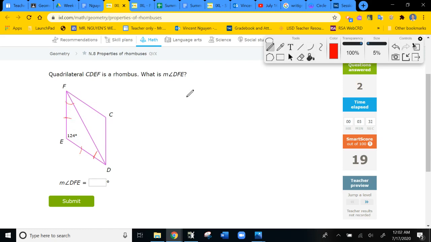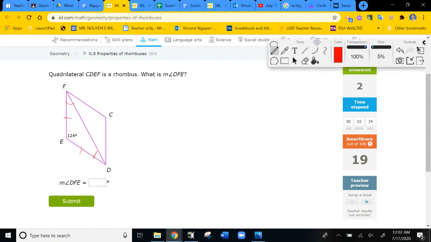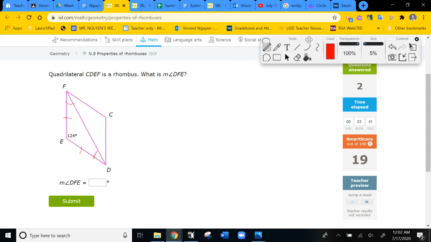We take 180 and we subtract 124, and we would get the answer for both of those angles, and then we divide it by 2, we would get one angle.